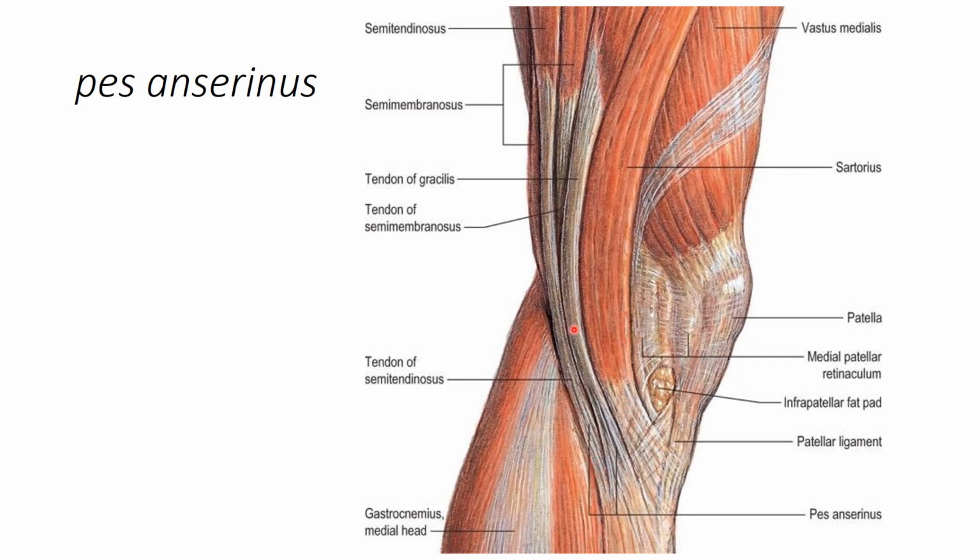So they form the pes anserinus just below the medial condyle of the tibia, in the upper portion of the shin of the tibia, which is the palpable subcutaneous portion on the medial side. You can always palpate that.